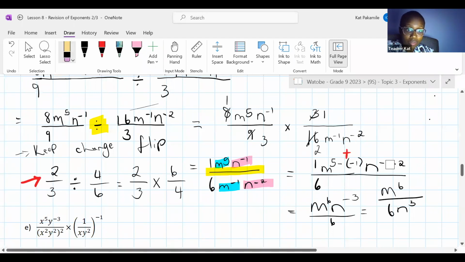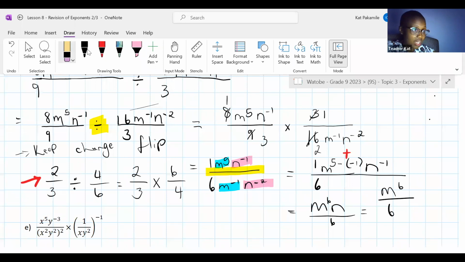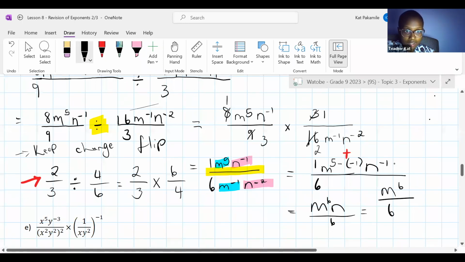Important mistake, guys. So this was minus 1 minus minus 2, like that. So then this was going to be a plus. So our n wasn't going to move because minus 1 plus 2 is just n.